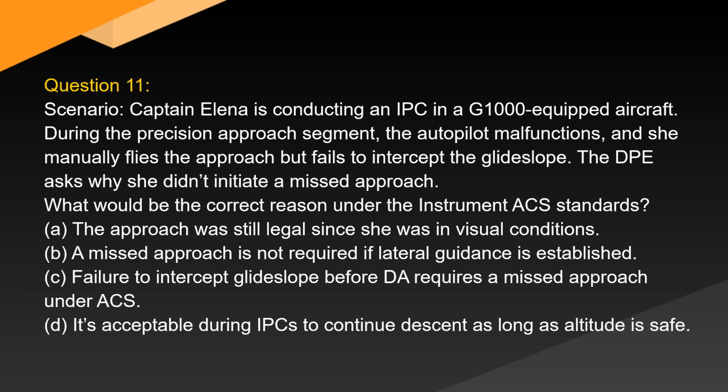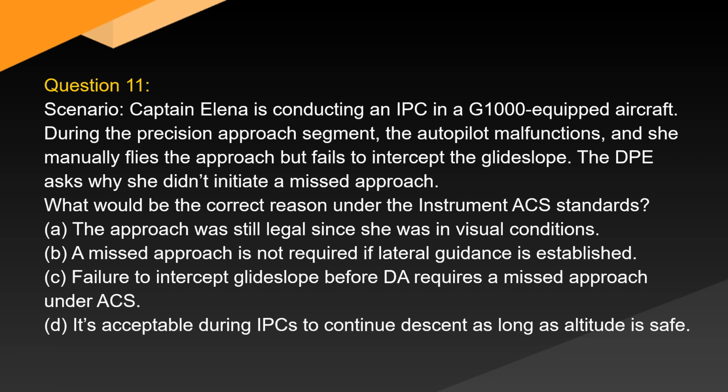Question 11. Scenario. Captain Alina is conducting an IPC in a G1000 equipped aircraft. During the precision approach segment, the autopilot malfunctions and she manually flies the approach but fails to intercept the glide slope. The DPE asks why she didn't initiate a missed approach. What would be the correct reason under the instrument ACS standards?